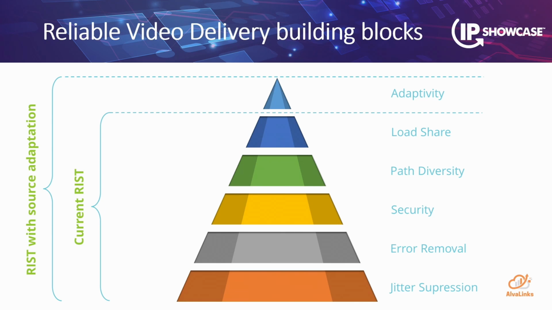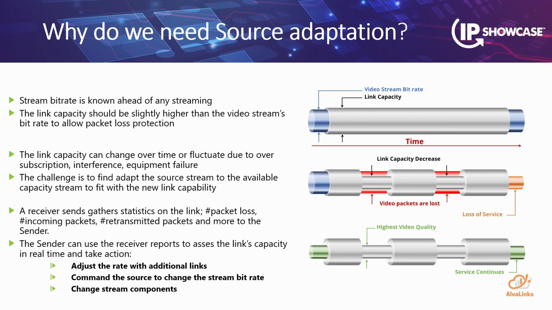So let's see, why do we need to do that? Imagine this. We have a link in gray. We have a capacity. Somebody tells us it has 12 megabits. We have our stream in blue. It has 10 megabits. We test that for 10 seconds, 5 minutes, 2 days. Everything is fine.